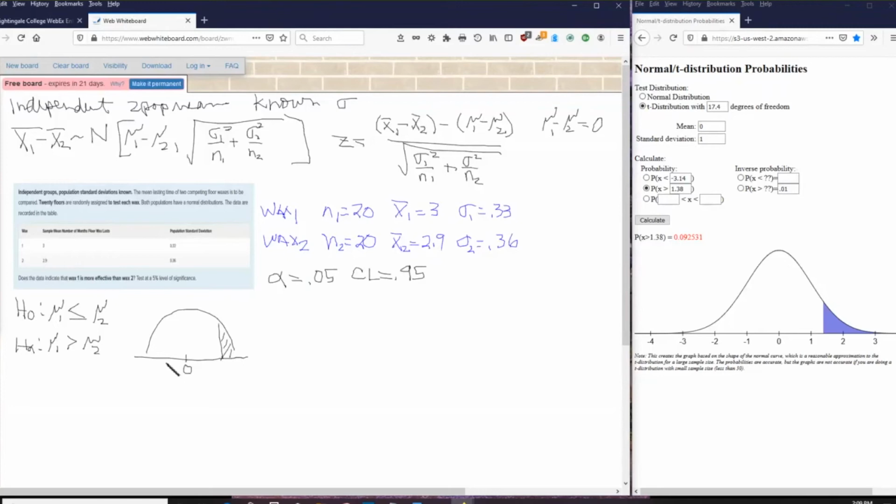Okay, so we've got that the difference of the population means is going to be 0.